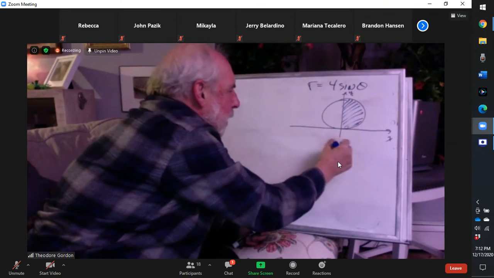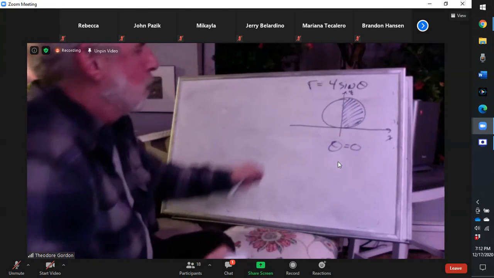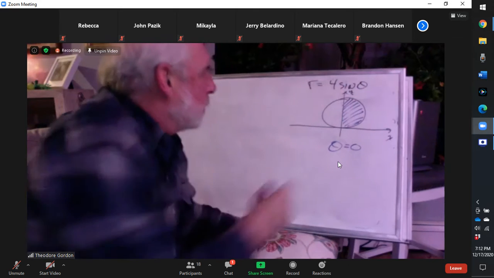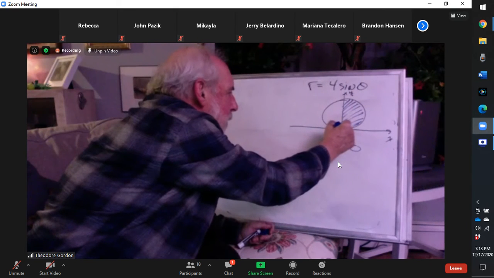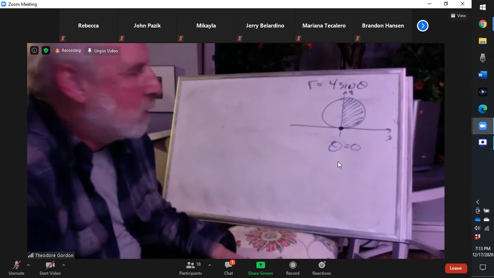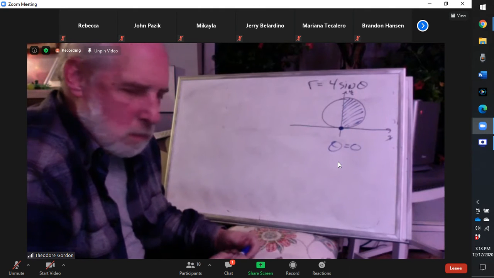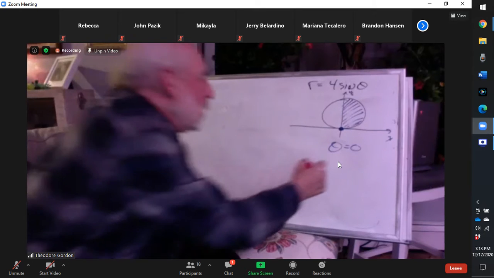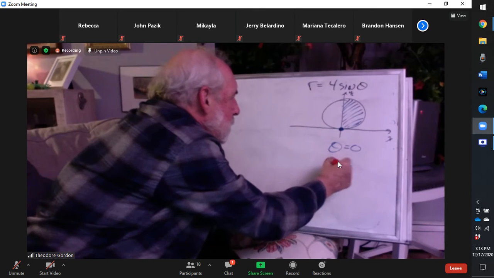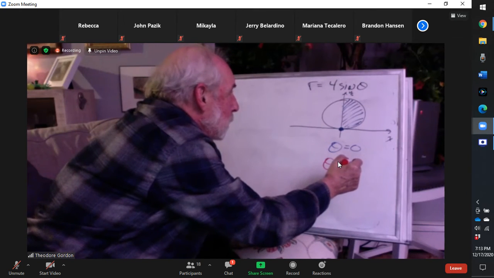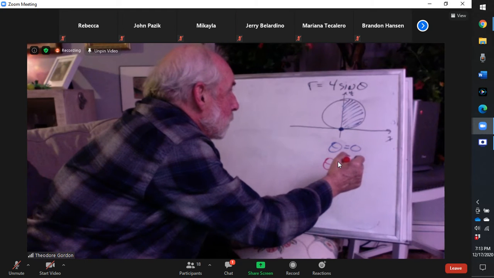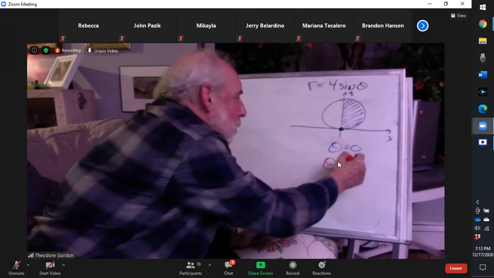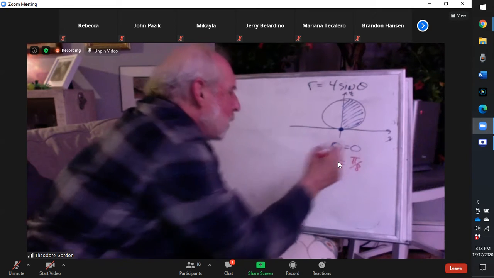So our first theta is 0. If theta is 0, the sine of 0 is 0. 4 times 0 is 0. That puts us right here. If theta is equal to, hang on just a minute. Pi over 8.